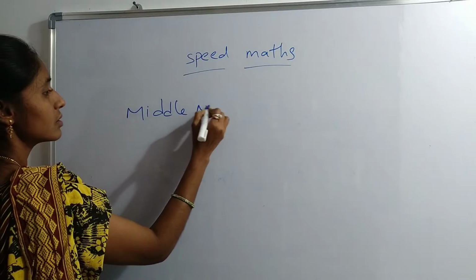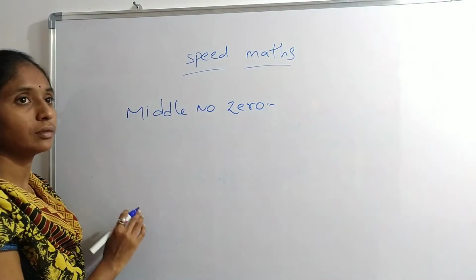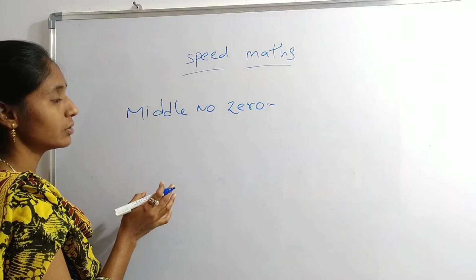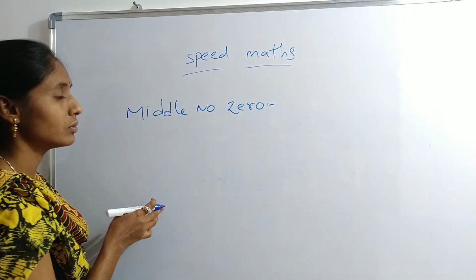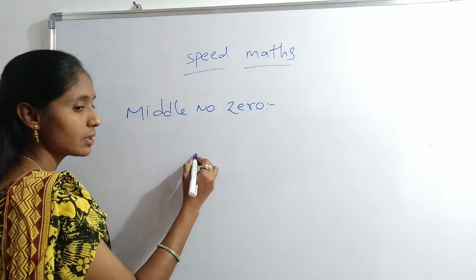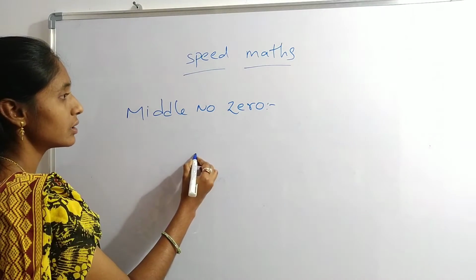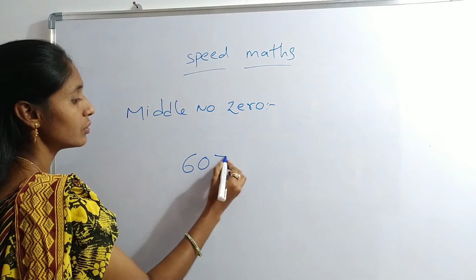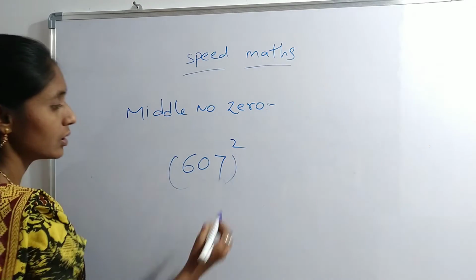Now, numbers having the middle number as 0. Take the example 607 whole square.